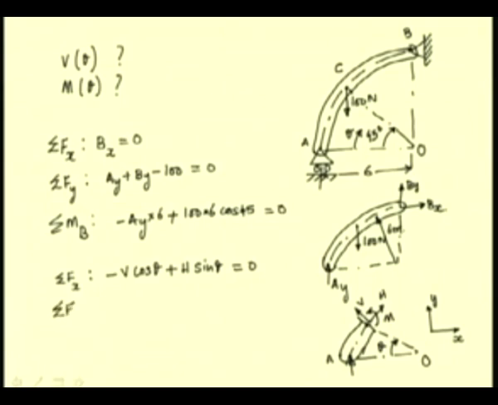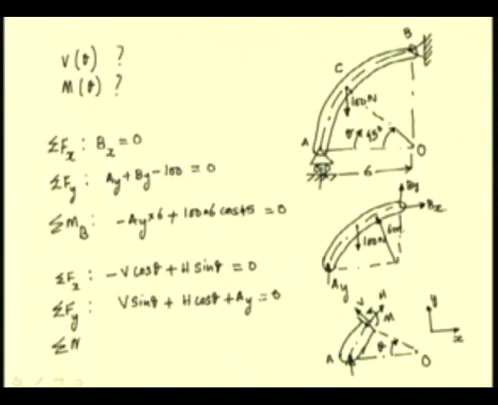Now, summing the vertical components, we have V sin theta, which is positive, plus H cos theta, which is the component of this force in the vertical direction, plus Ay equal to 0.